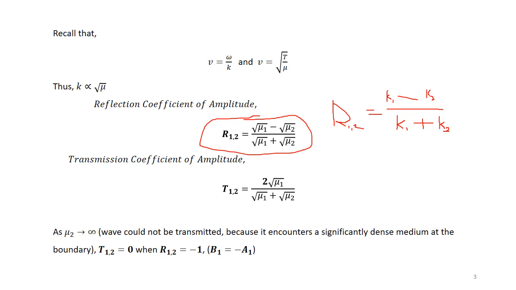We know that wave velocity, or wave speed, is equal to the angular frequency over the wave number. Likewise, the velocity of a wave in the medium can be obtained from the square root of the ratio of the force of the wave to the density of the medium.